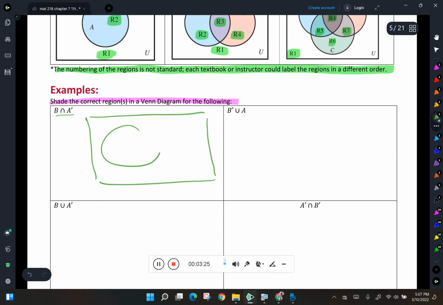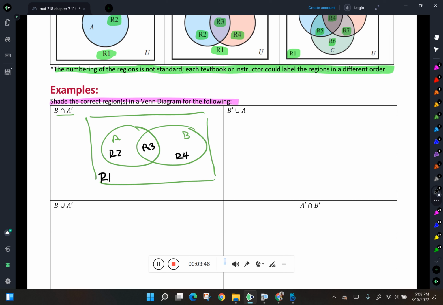I've got a set A and I've got a set B. Now using our standard numbering, we're going to have a Region 1, a Region 2, a Region 3, and a Region 4. And I'm supposed to find B intersection A complement.